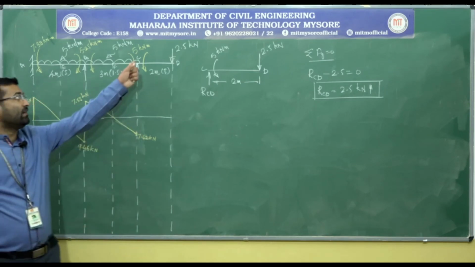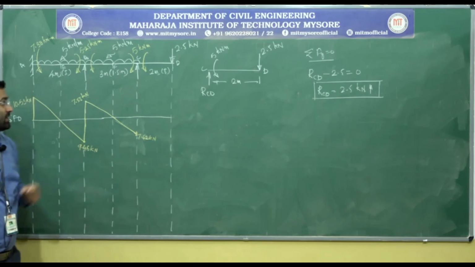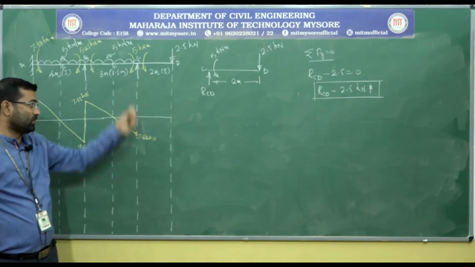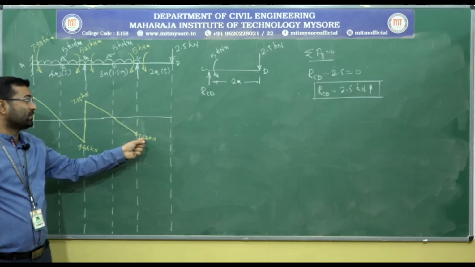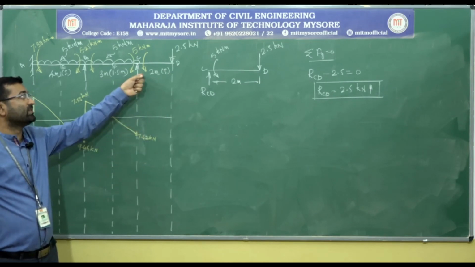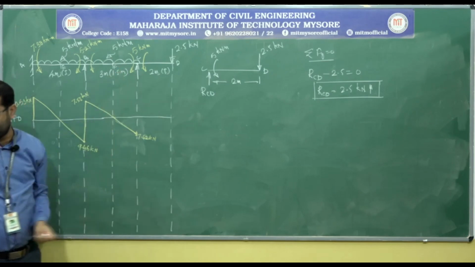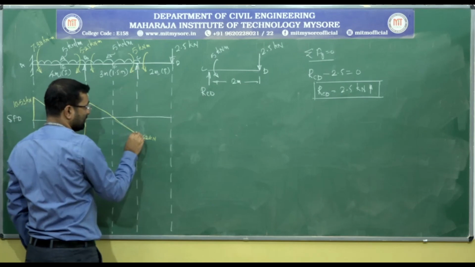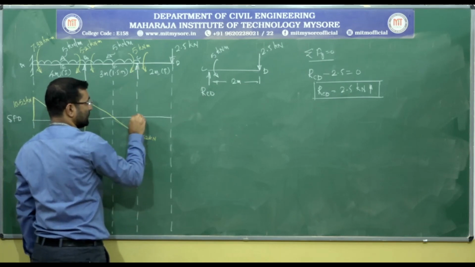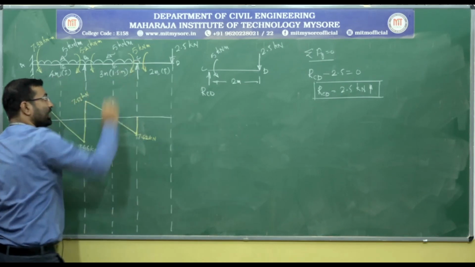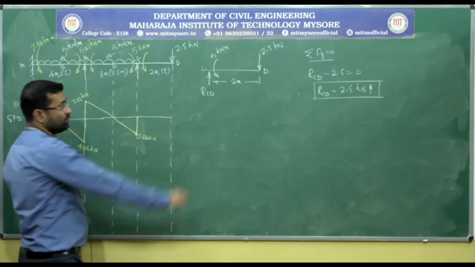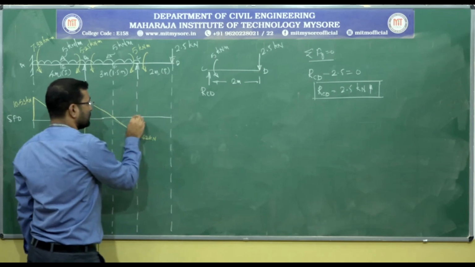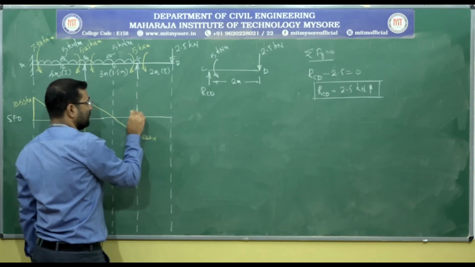At C point we have one more reacting component which is acting vertically upwards, so that has to be considered as positive. This is minus 7.42 plus RCB. RCB is plus 7.42, so minus 7.42 plus 7.42 is 0. Again at C point we have one more reacting component RCD, acting vertically upwards, so I have to take the line vertically up.